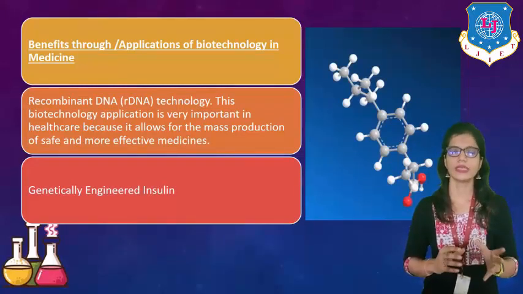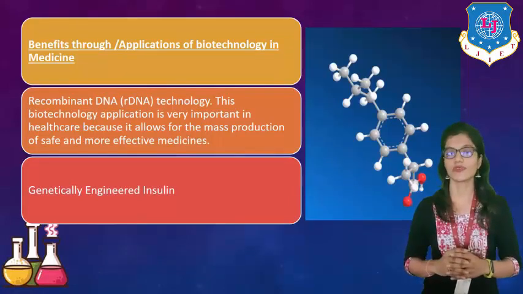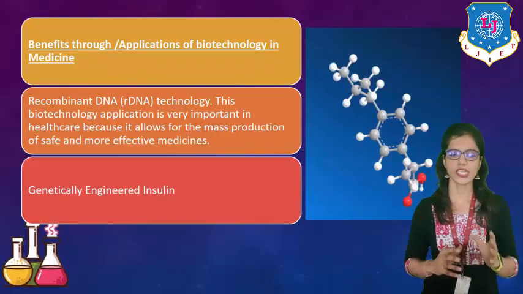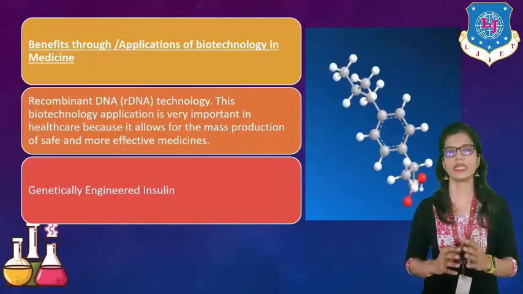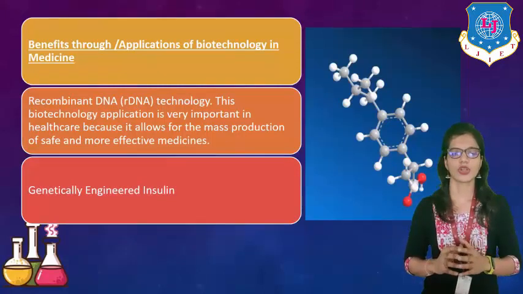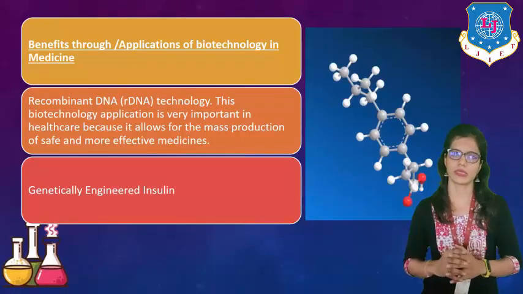How? Let's see. We have developed one technology which is known as rDNA technology, or recombinant DNA technology. This biotechnological application is very important in the healthcare sector because it allows for the mass production of safe and more effective medicines.